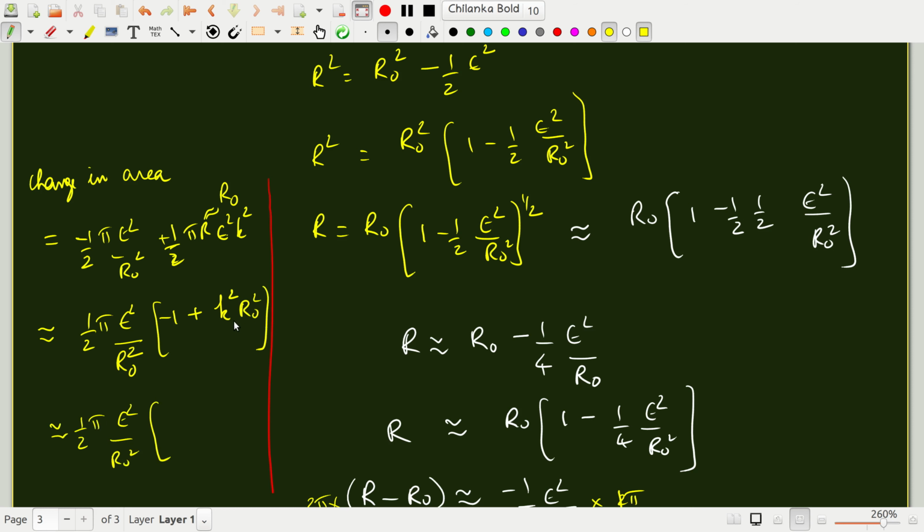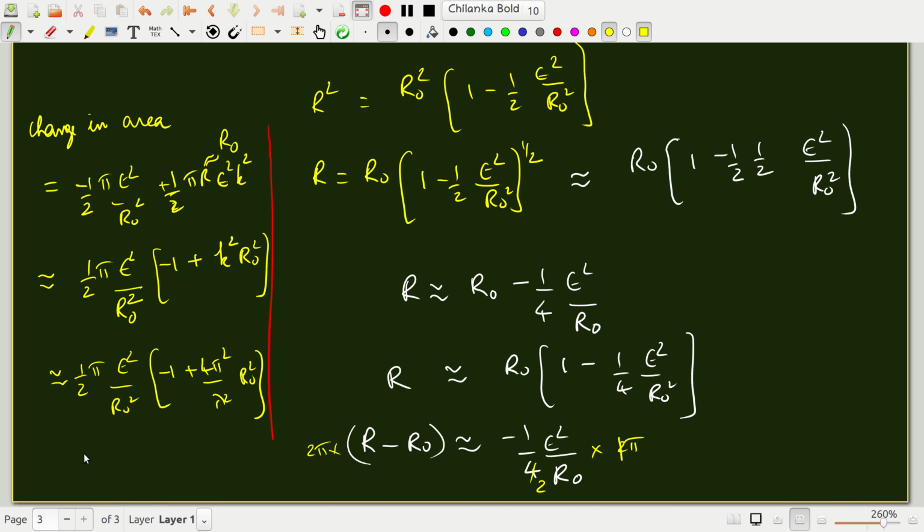Now, instead of k, I'm going to put 2 pi by lambda, so this is 4 pi squared by lambda squared r naught squared. This is nothing but half pi epsilon squared by r naught squared. I'm going to pull out a lambda squared also, so I have to multiply by lambda squared, plus 2 pi r naught the whole squared.